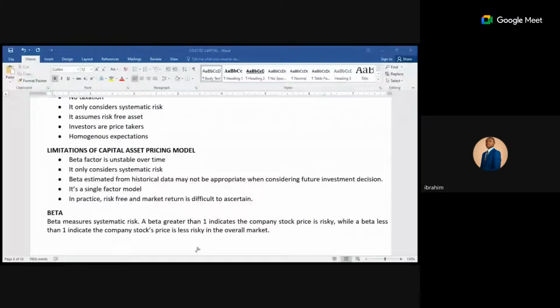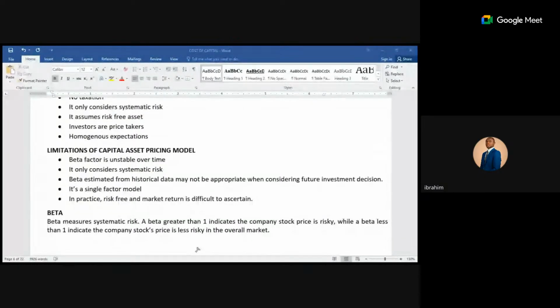Now, for those who are in finance, I'm talking about investment analysts, portfolio managers, senior financial people, research analysts, if you check very well, a listed company normally has a beta.